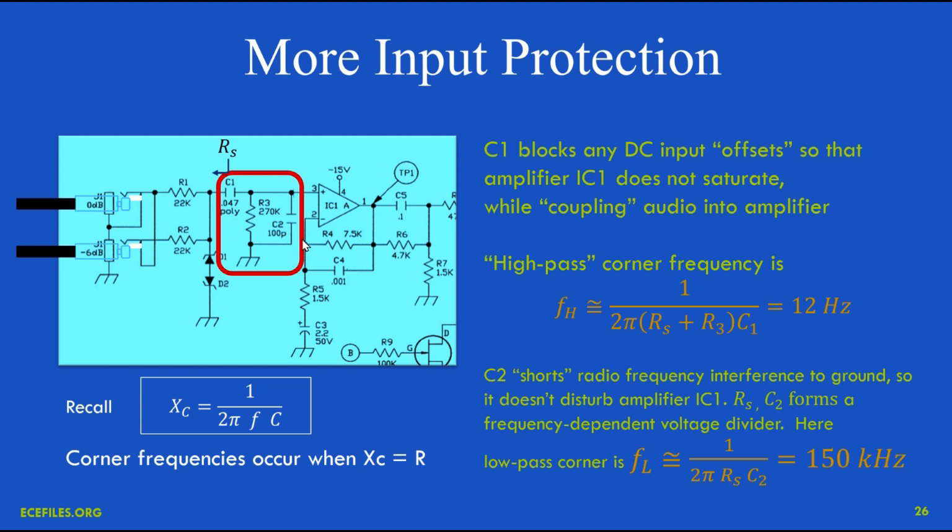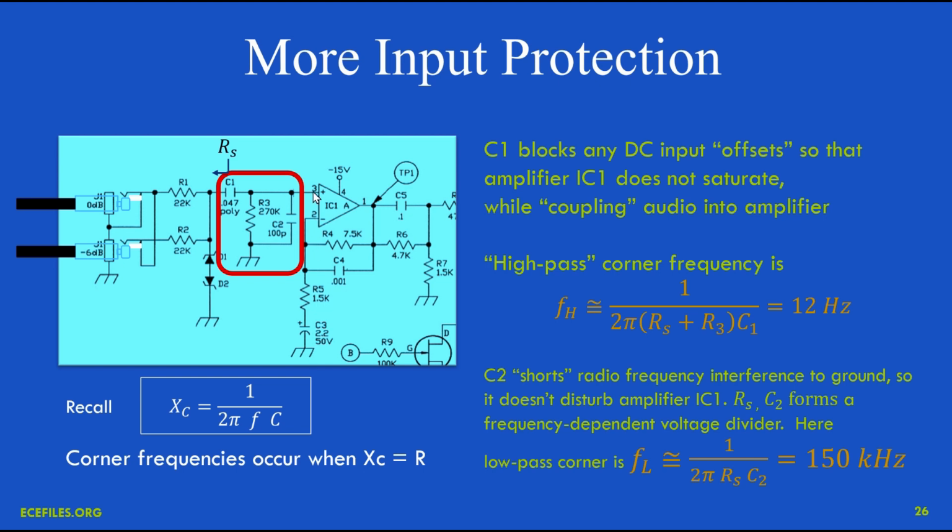And the reason it's here is because the input signals that come from the guitar pickup can be exposed to what we call radio frequency interference. If there's a strong radio transmitter nearby, like a wireless mic or something, then it could inject enough signal in here to disturb the operation of this amplifier. So what we want to do is short out those signals, which maybe is 70 megahertz or gigahertz.